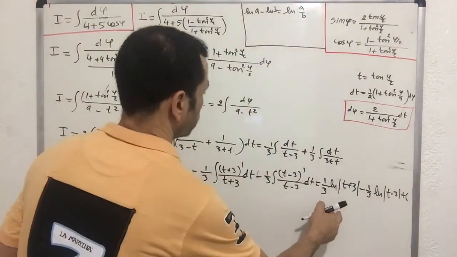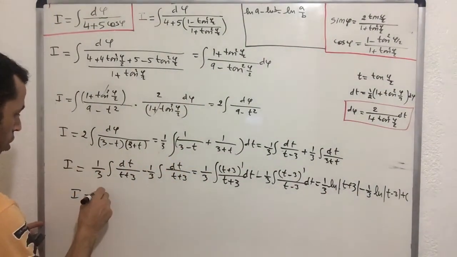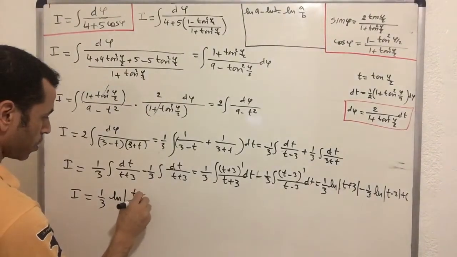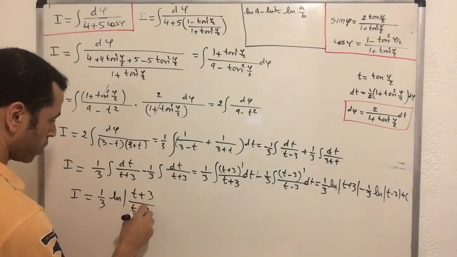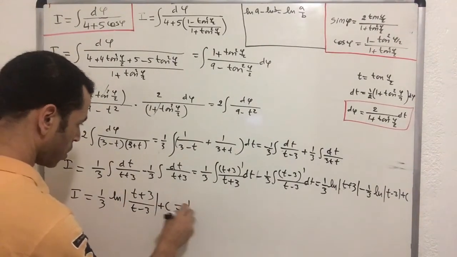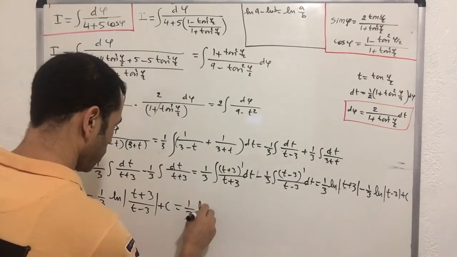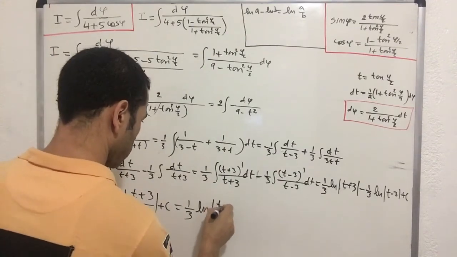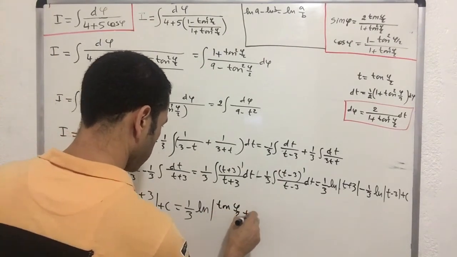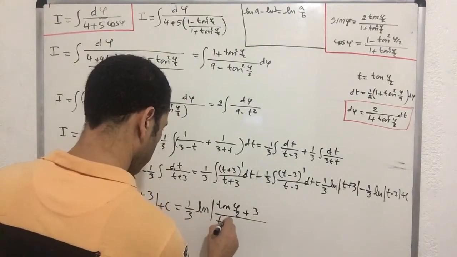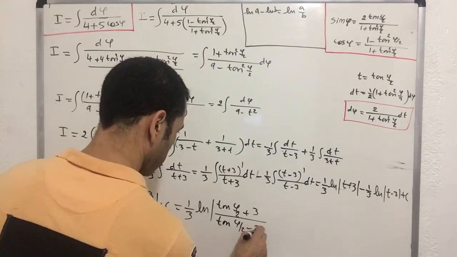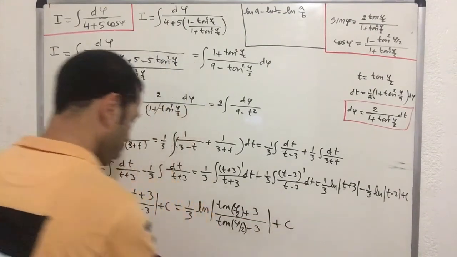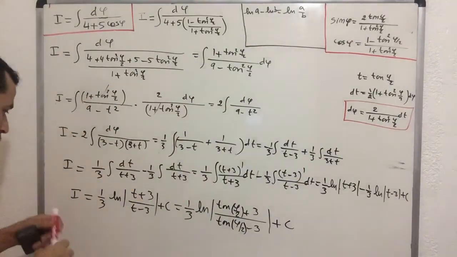So our integral becomes 1 over 3 natural log of the absolute value of t plus 3 over t minus 3, plus a constant. Let's change it back to phi. t equals tangent phi over 2. So we get tangent phi over 2 plus 3 over tangent phi over 2 minus 3, plus, always plus, a constant. Okay, we finished our integral.